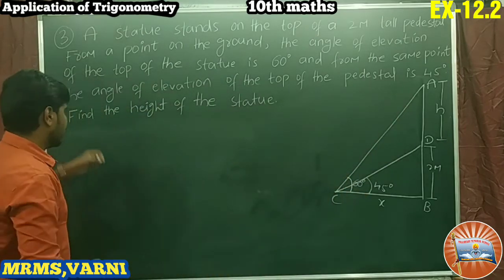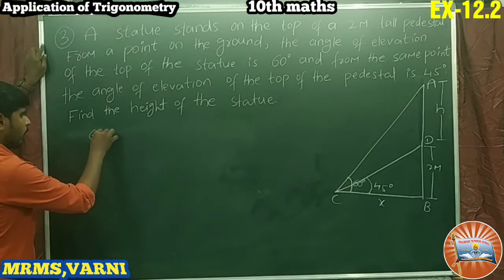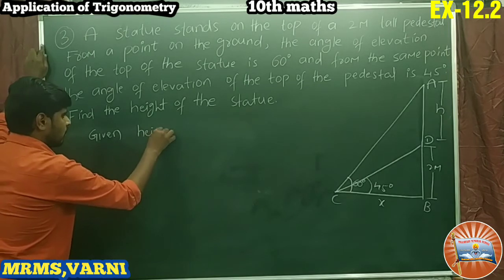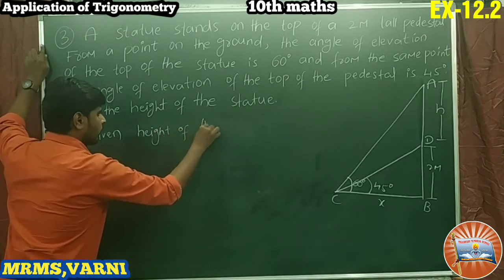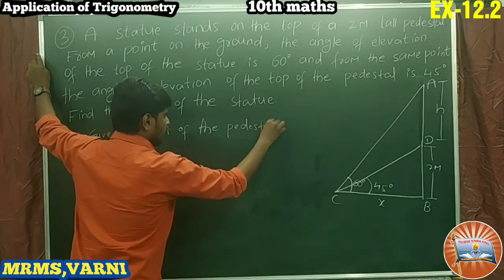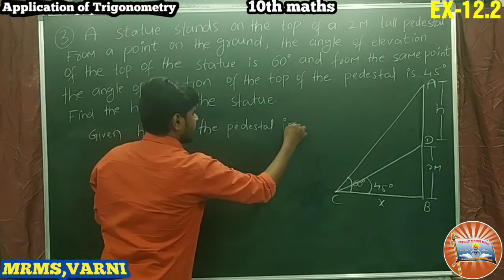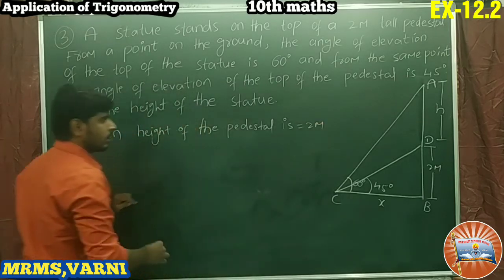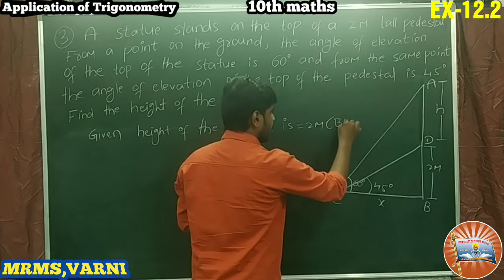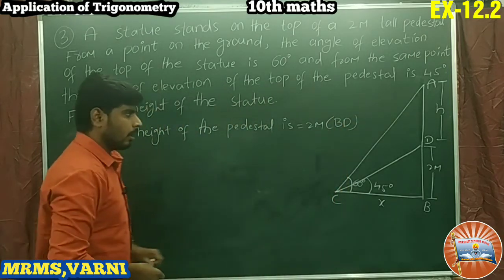Let us write what is given first. Given: height of the pedestal is 2 meters, that is nothing but BD.